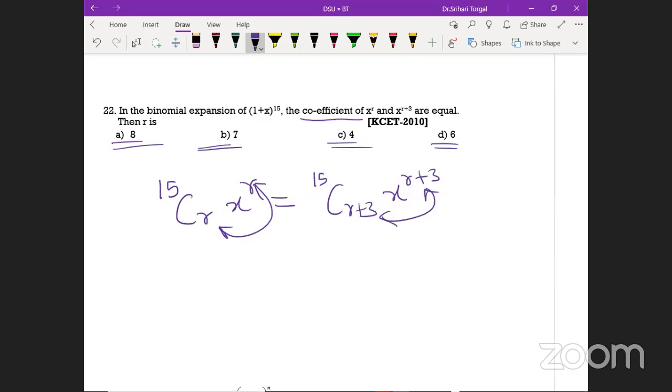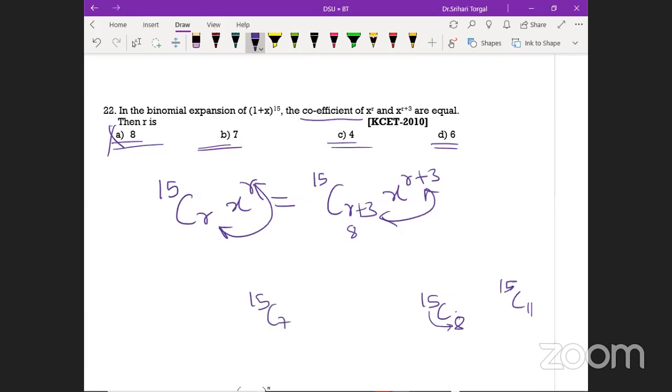Here, if I put 8, what is 15 minus 8? 8 plus 3, 11, 15C11. No, 8 is not the answer.